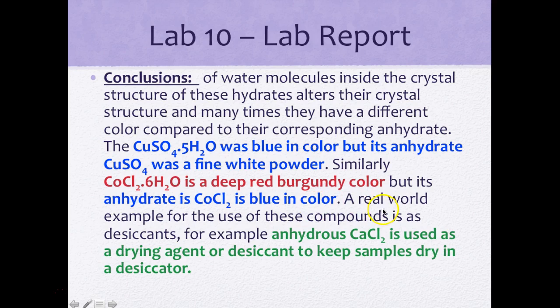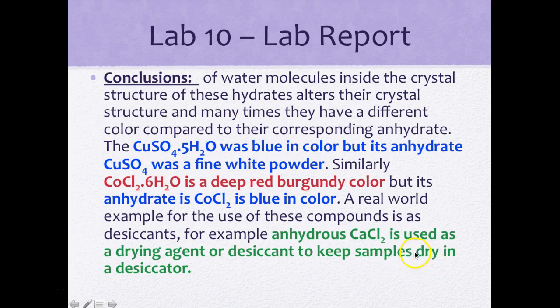A real world use for these hydrates is mainly as drying agents. They're called desiccants. If you take anhydrous calcium chloride, you can keep it in a desiccator where you need to keep samples dry.